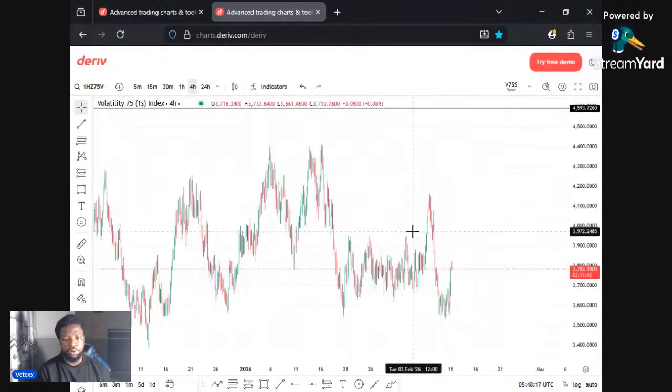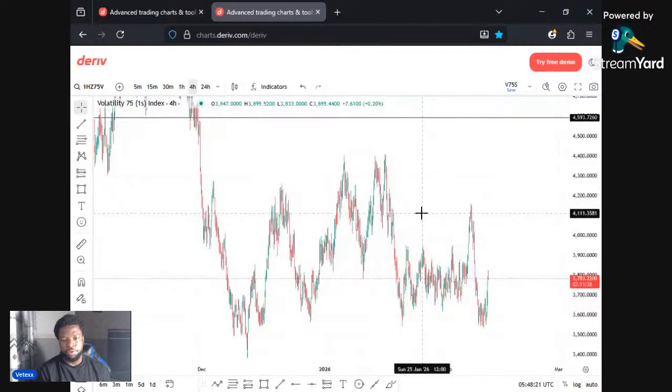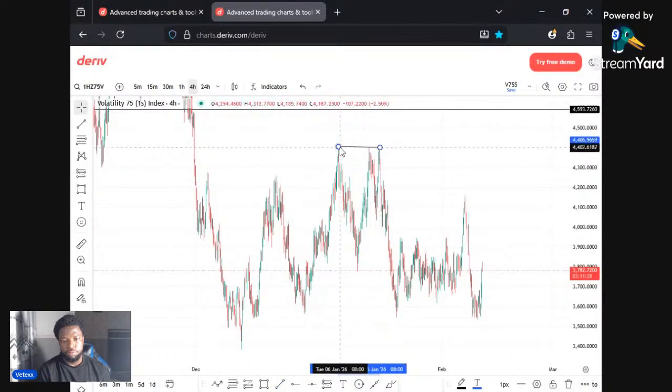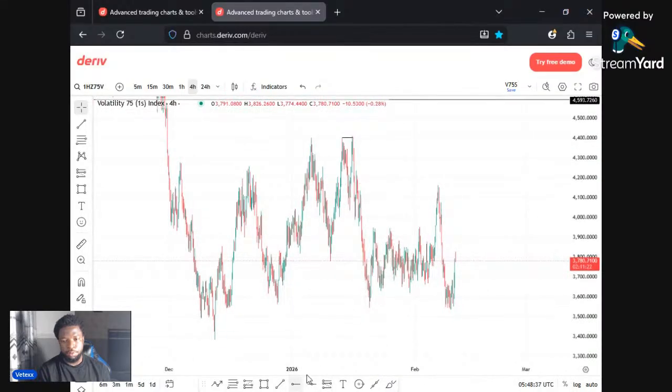So now this is what we have on V75 1S. We have this sweep of liquidity. This is our protected high. Structural liquidity, sorry.